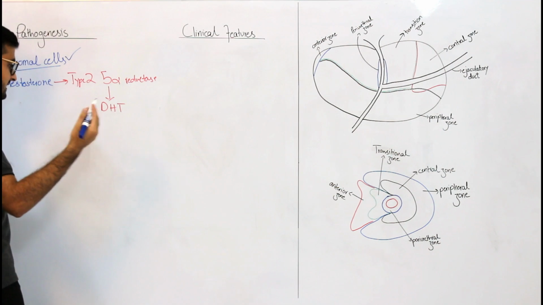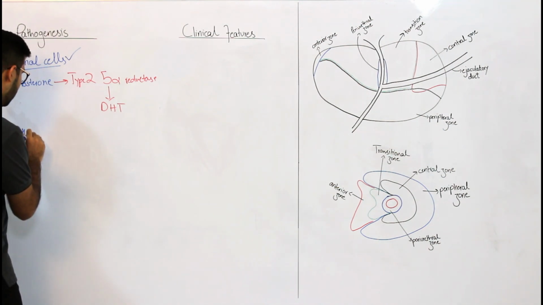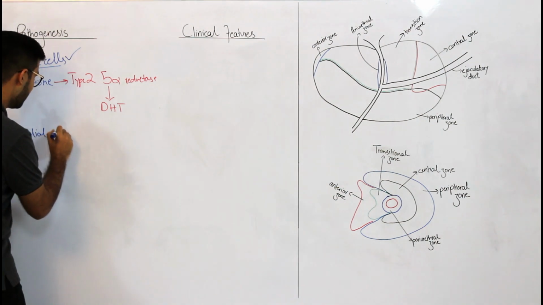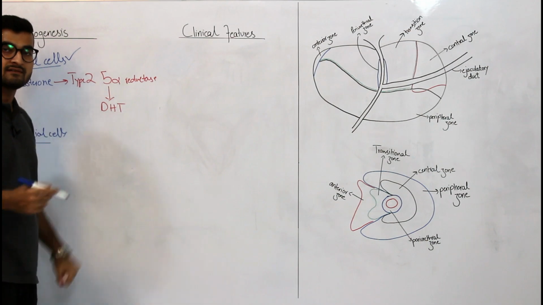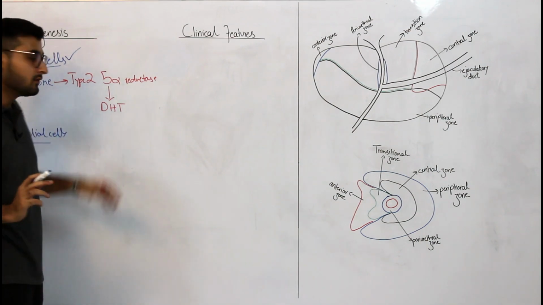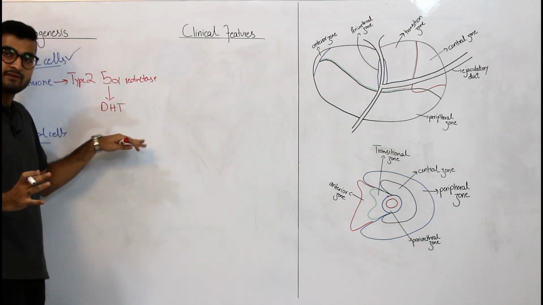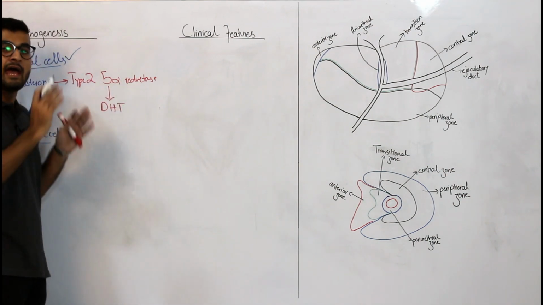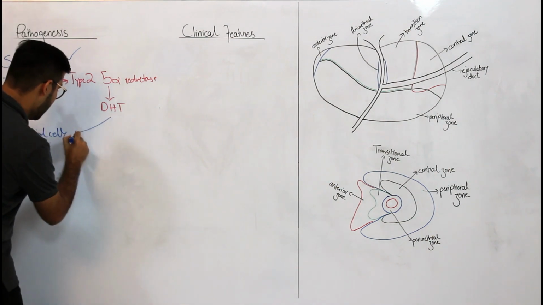So what happens in the epithelial cells? Let's talk about that. Over here, you have your epithelial cells. Since they don't have the enzyme, the stromal cells convert all the testosterone to dihydrotestosterone, and then they keep half of the dihydrotestosterone to themselves, and they give half of the dihydrotestosterone to your epithelial cells.